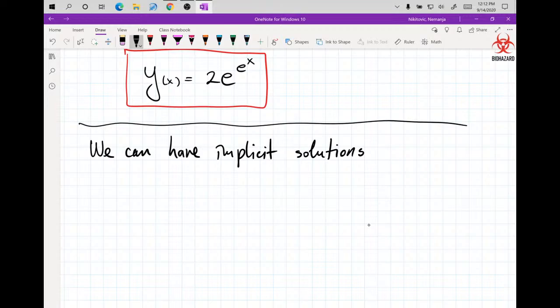Let me see if I can conjure up an example over here.